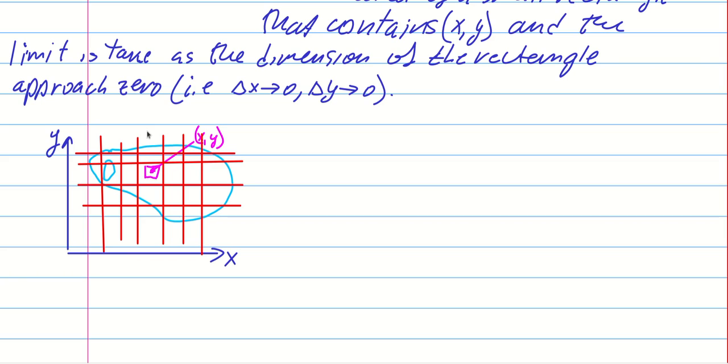So suppose this is my region over here. Inside the region we have a point like always, x sub i j star, y sub i j star.